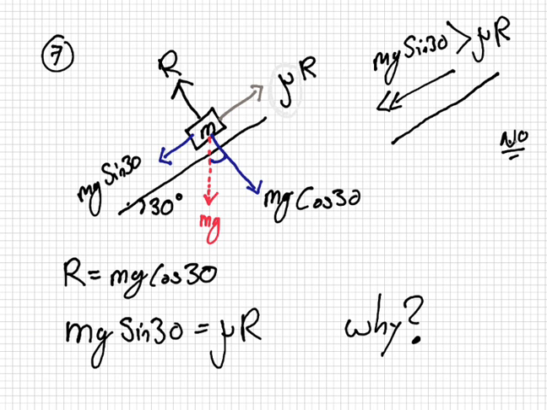Newton's first law. Just listen. Newton's first law. A body at rest will stay at rest unless a force acts on it. Or a body in constant velocity will stay at constant velocity unless a force acts.